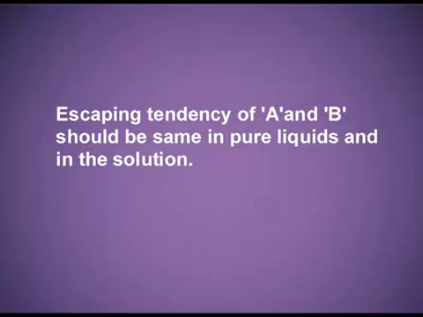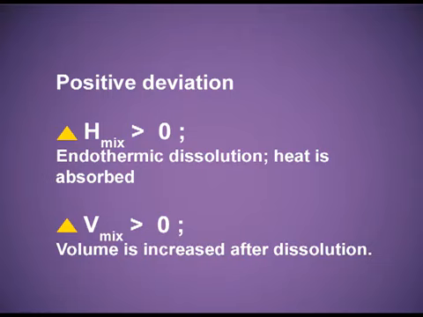Now, let me give stress on the solutions showing positive deviation. Since the solute-solvent interactions are weaker, the escaping tendency of A and the escaping tendency of B will be greater when they are in the form of a solution as compared to when we have a pure A or a pure B. So, delta H mixing will be greater than 0 and delta V mixing will also be greater than 0.